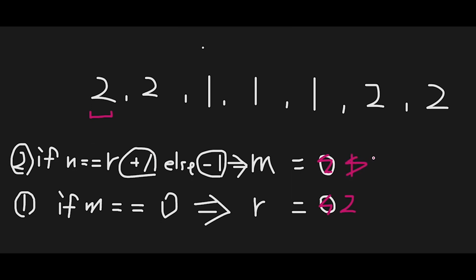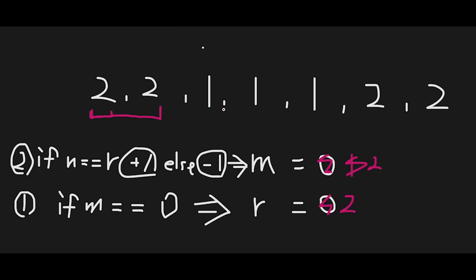So the majority number is now 2. So now we check this area. And it's obvious, 2 is the majority number in this case, if the input array is like 2 lengths. And then move next.